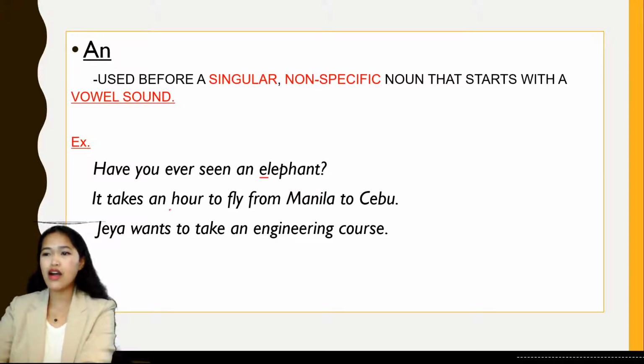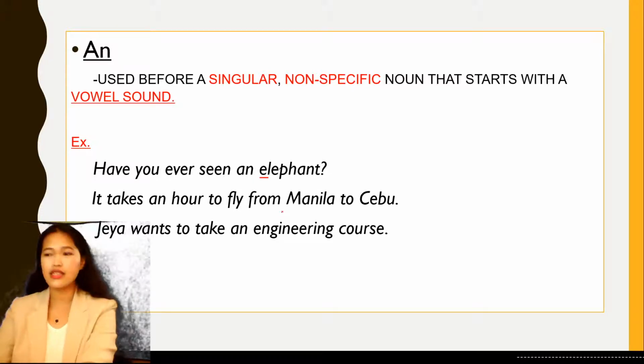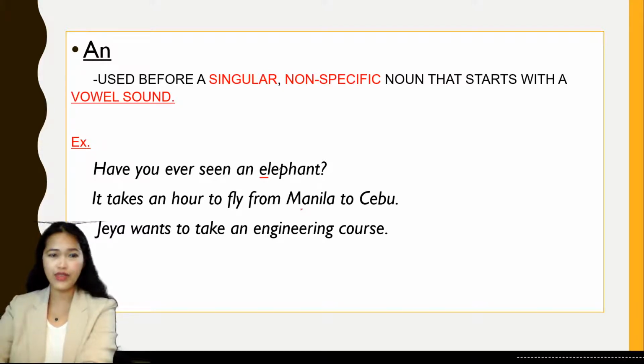It takes an hour to fly from Manila to Cebu, okay? If you are not from the Philippines, Manila is the capital city of the Philippines, and Cebu is the second largest city in the Philippines. So it takes an hour.